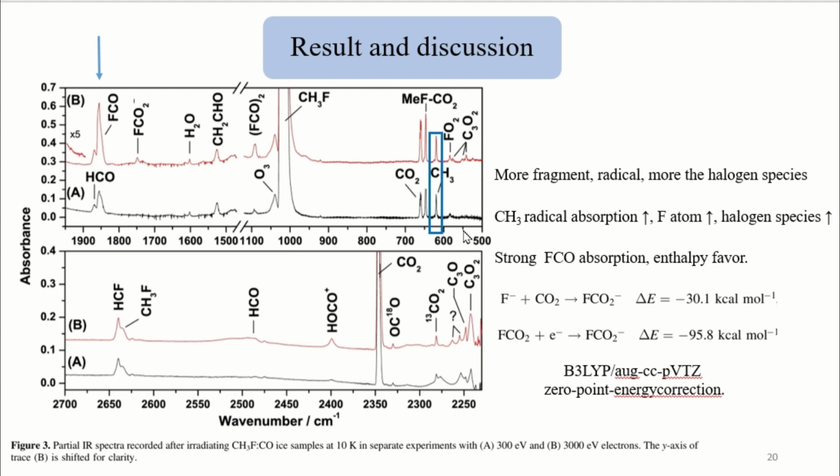Let's see the radical absorption. It increased, so it means that F atoms increased. The halogen species formation increased. The strongest band in this spectrum is FCO, because it is enthalpy favored, as calculated by density functional theory.